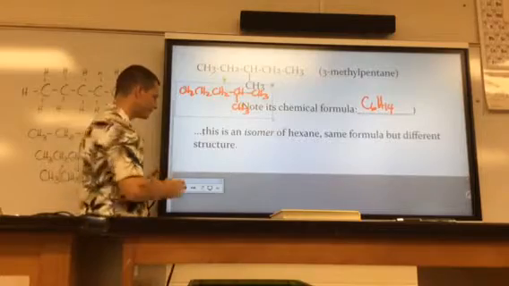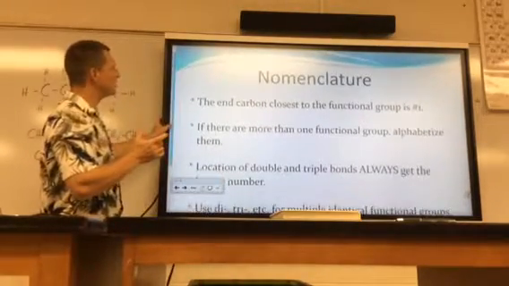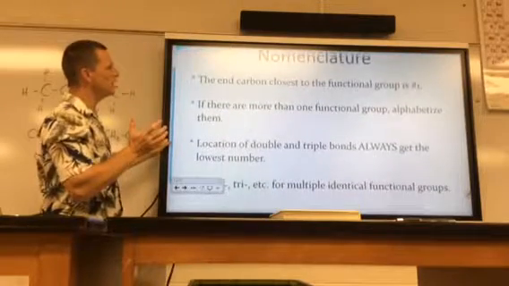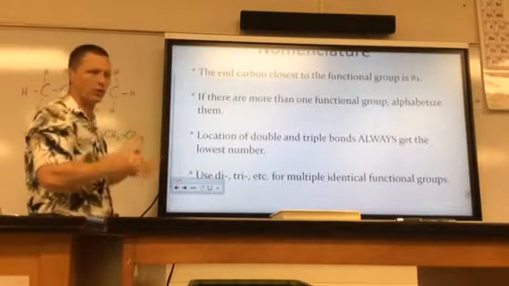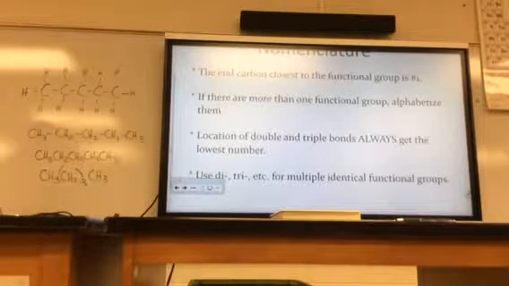All right? We'll do a few examples after this. This is just a few guidelines as to how we'll name organic molecules. The end carbon on the parent that is closest to the functional group is number 1.